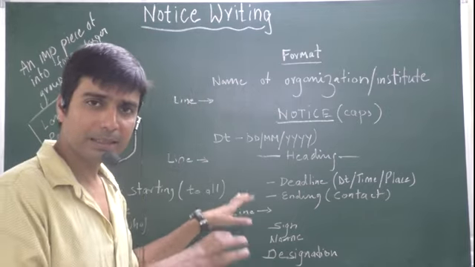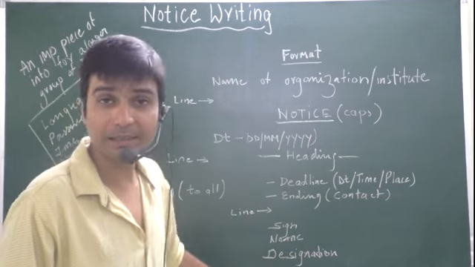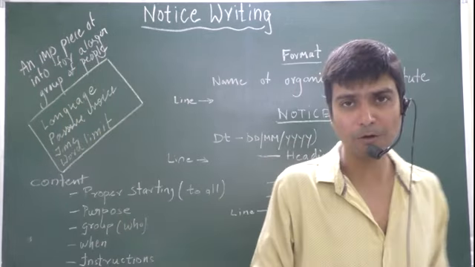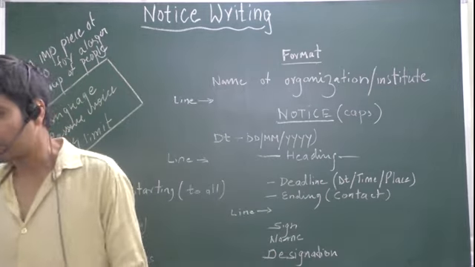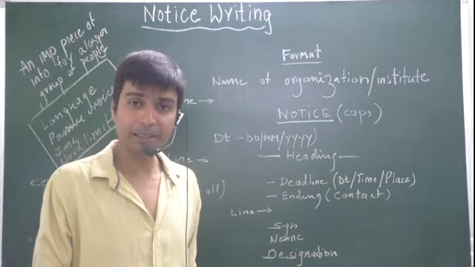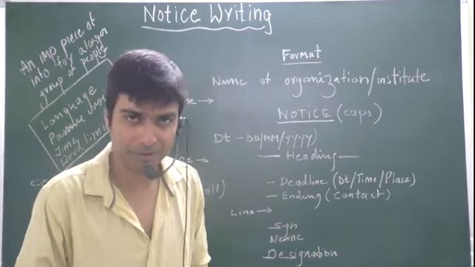Then you can leave a line, sign with your name, and provide the designation by which your authority for writing the notice and providing the information comes into existence. It may be the representative of an organization as well, my friends.